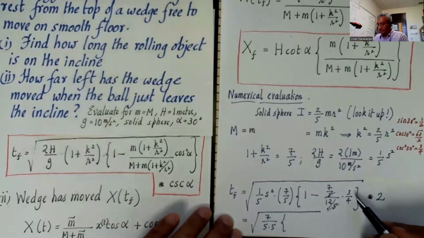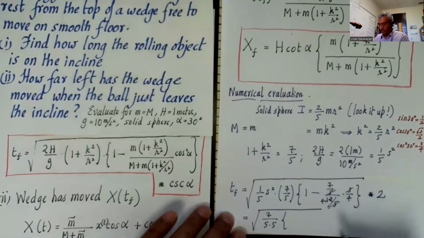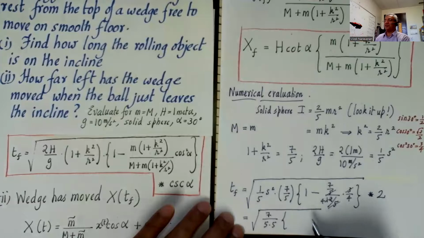So this gives me 3 goes 4 times. So that's going to be 1 minus 7/16. 1 minus 7/16 is 16 minus 7 over 16. And 16 minus 7 is 9.